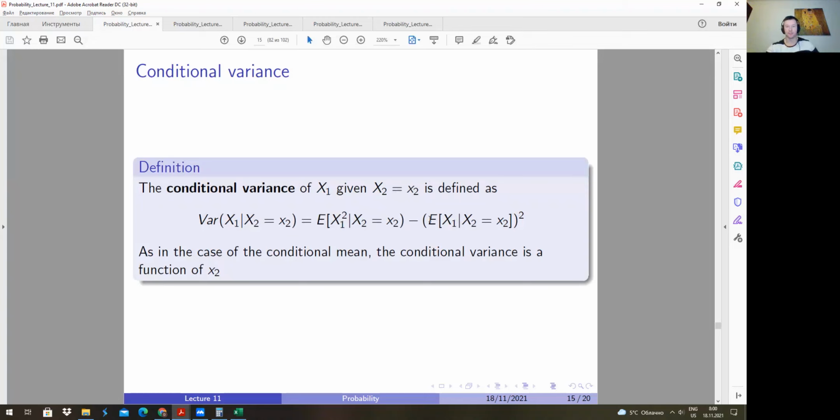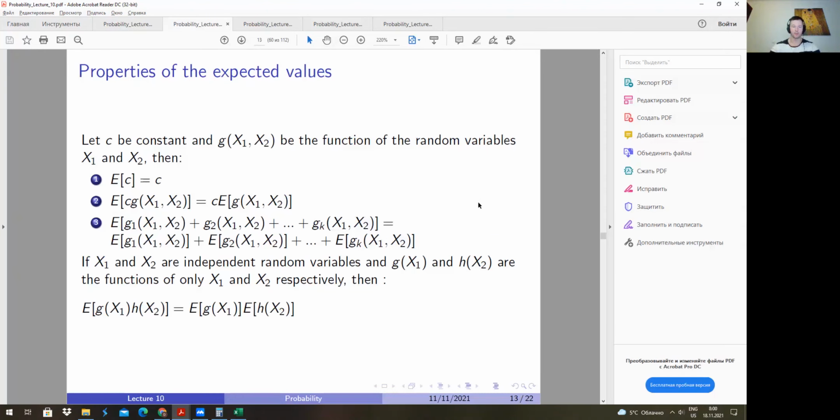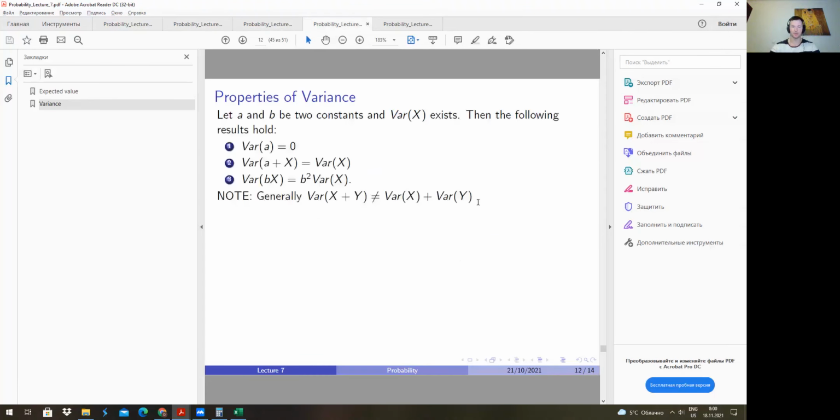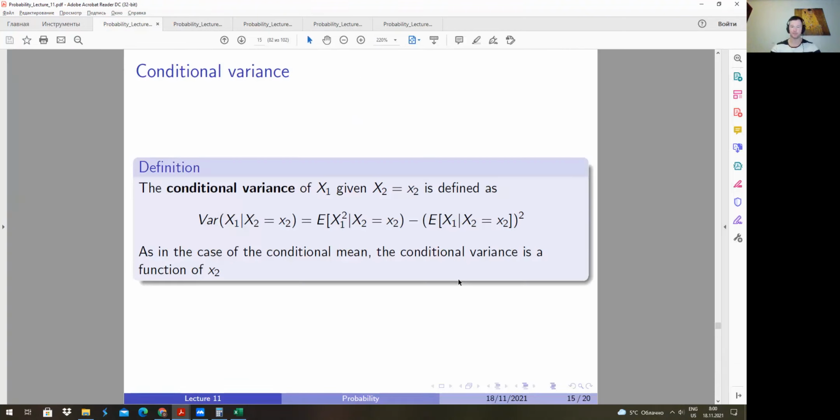So this must be the familiar formula of variance that we used from lecture number 7. Yeah, here. But now instead of just total expectation, we are using the conditional expectation here.